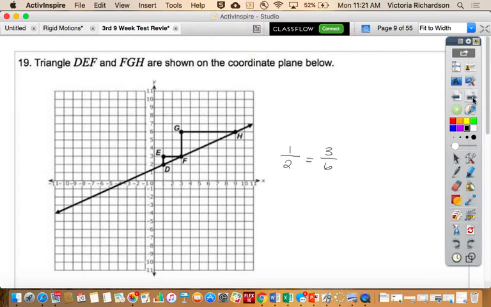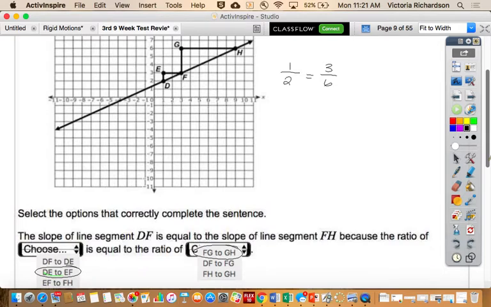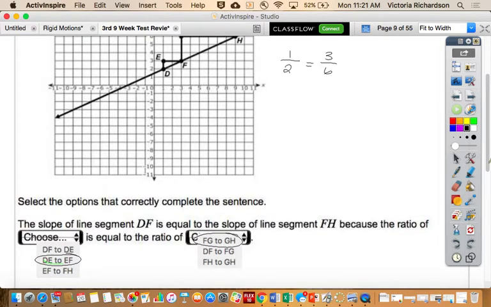19. Triangle DEF and FGH are shown in the coordinate plane. The question says, select the options that correctly complete the sentence.